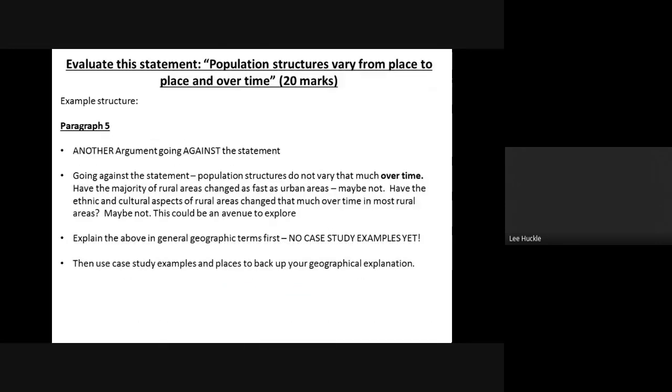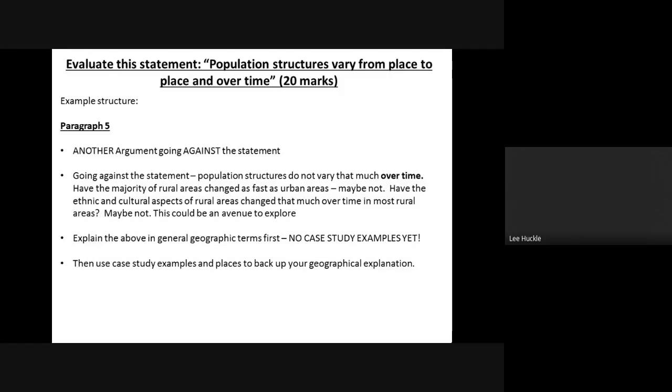And then your final argument against. And again, this is where you're sort of manipulating the question a little bit again. So you're going against the statement, population structures do not vary that much over time.